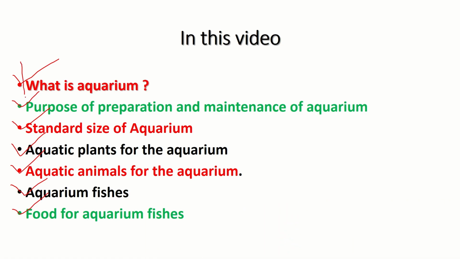So what is an aquarium? An aquarium is a glass container filled with water in which fish and other aquatic animals are kept.